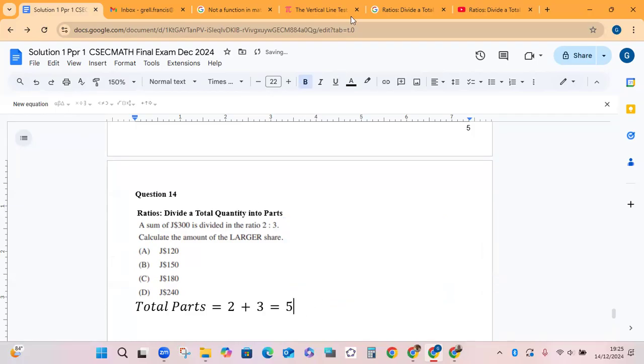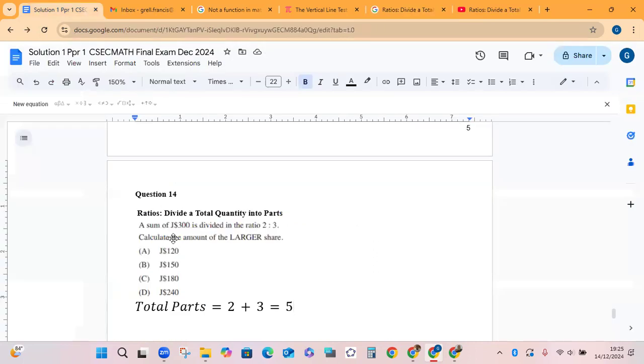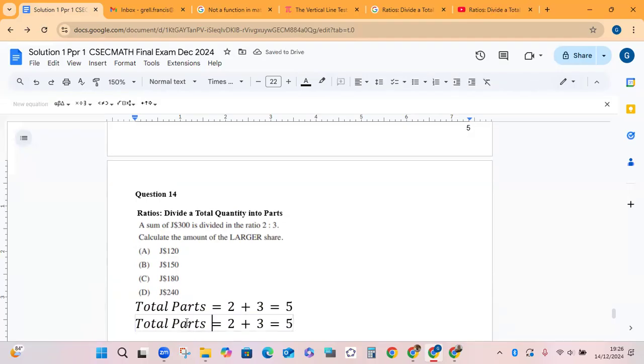Then the second step is to divide the quantity by the sum of the parts. And that makes sense. The total quantity is 300. The total parts is 5. So when that divide has taken place, what you find now is the quantity for one part.